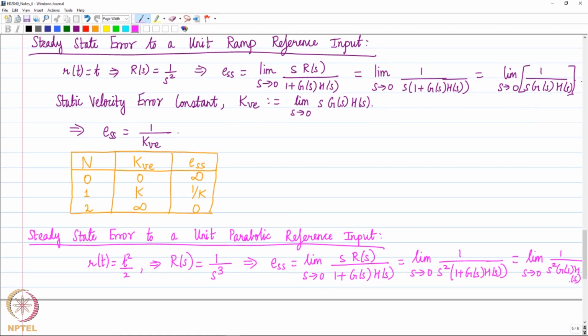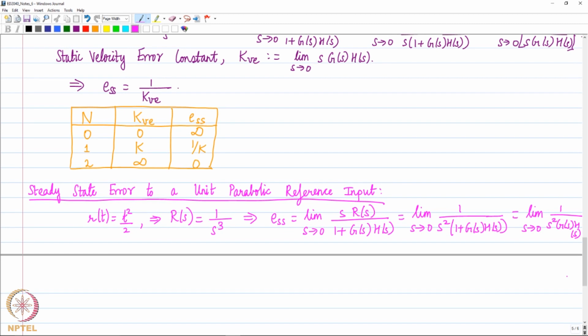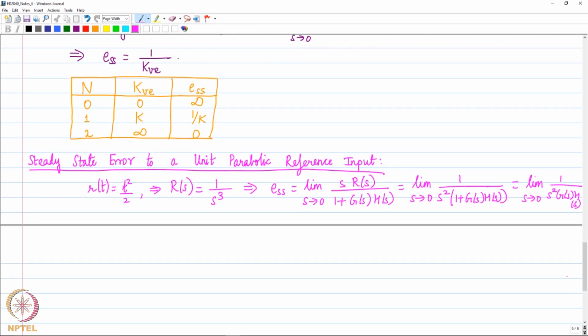Same process, nothing different. I hope I am doing things correctly. Please stop me if I'm making an error somewhere.